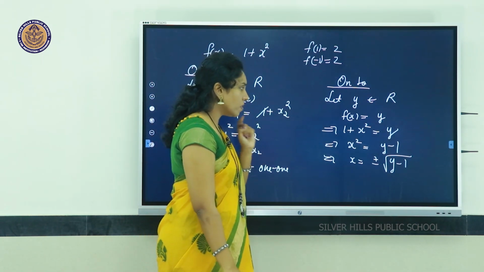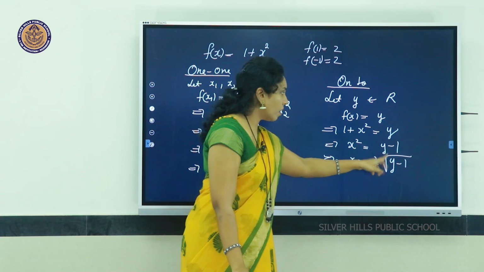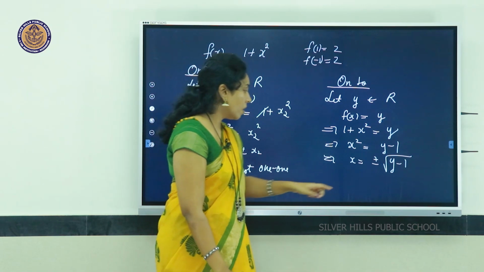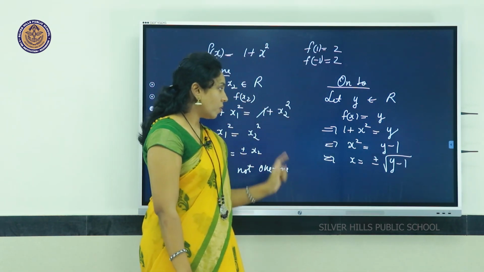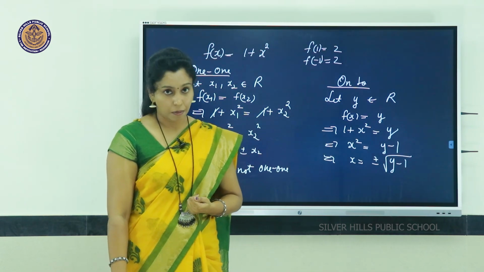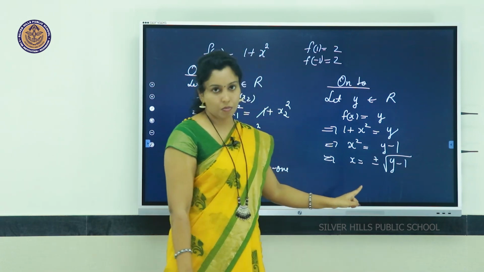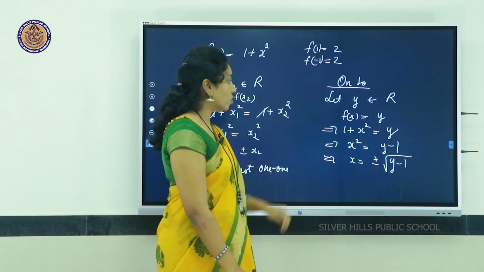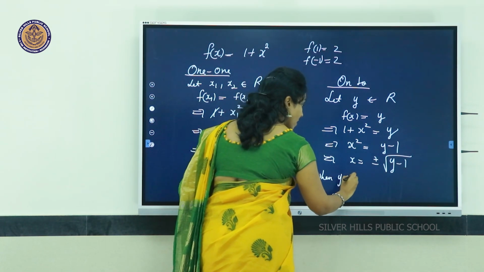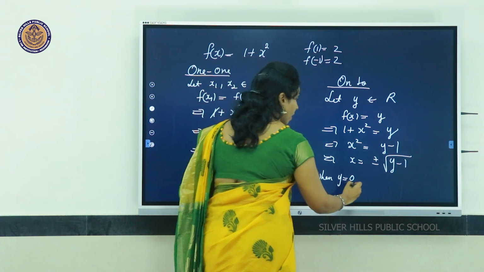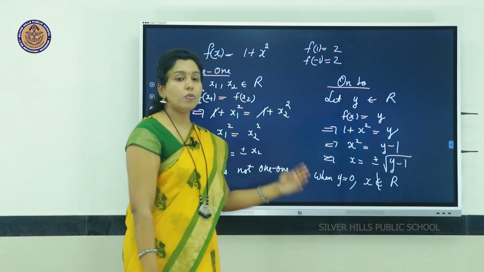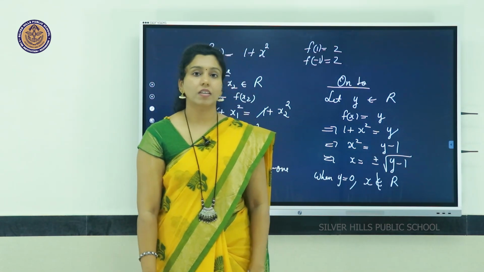From this step, I am just giving a y value as 0 and let me check whether it has a pre-image. Suppose you give y as 0, your x is root of a negative number and that is not a real number. So, from this step I would conclude the given function is not onto, that is when y is 0, x is not a real number. So, we proved the given function is not onto.